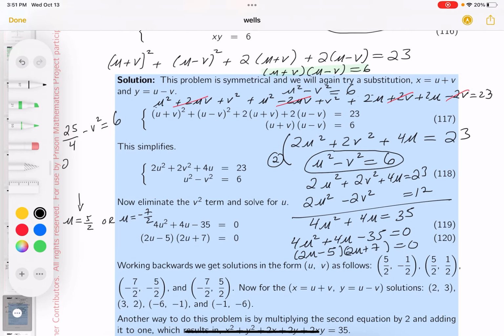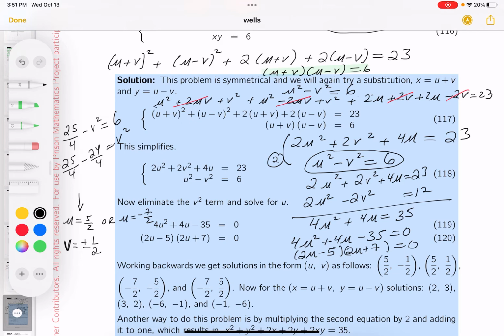I get 25/4 minus 6, which is 24/4, would equal v squared. Well, v squared is 1/4, so here the v would be plus or minus 1/2. It's a lot of different things to look for. All right, a lot of work.